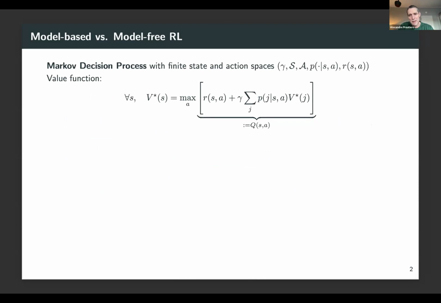So P of S prime given S and A is just the probability to move to state S prime, given that you are currently in state S and select action A. The final component of the Markov decision process is a reward function that will here be assumed to be just a function of the current state and the selected action.